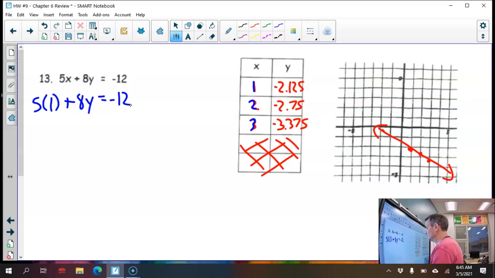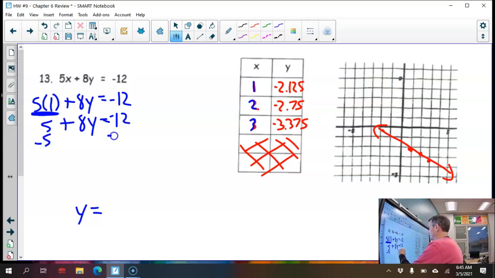And then I want to solve for y, right? I want to find what y value I get when x is 1. So first I would multiply 5 times 1. That would be, oops, forgot the negative, that. Now I'm solving for y, so I need to get the y by itself. I would start by subtracting 5 from both sides.